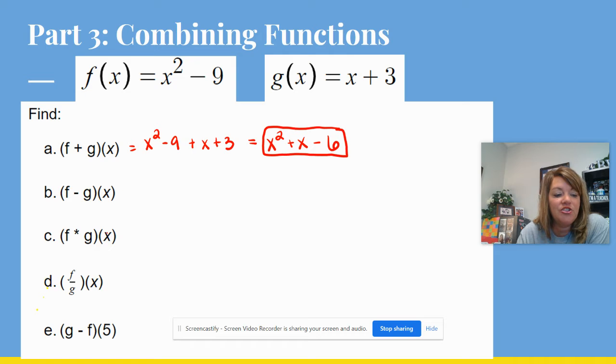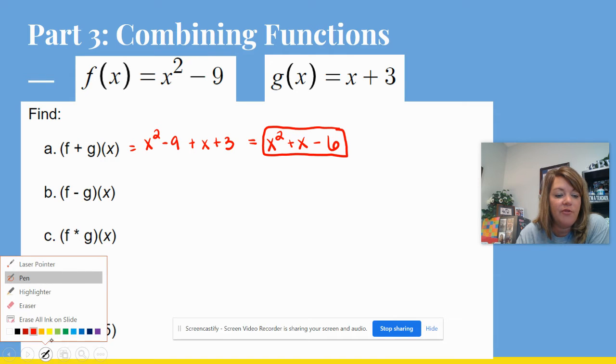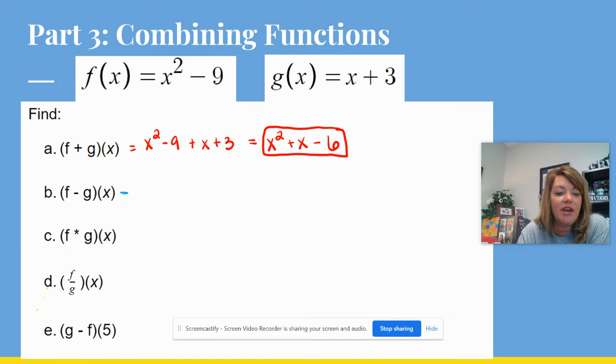All right, let's do f minus g. We know we have to be a little bit more careful when we do f minus g because of the subtraction sign. So f is x squared minus 9. I'm going to put it in parentheses and put my minus, and then subtract g of x, which is x plus 3. I'm going to distribute the negative sign here.